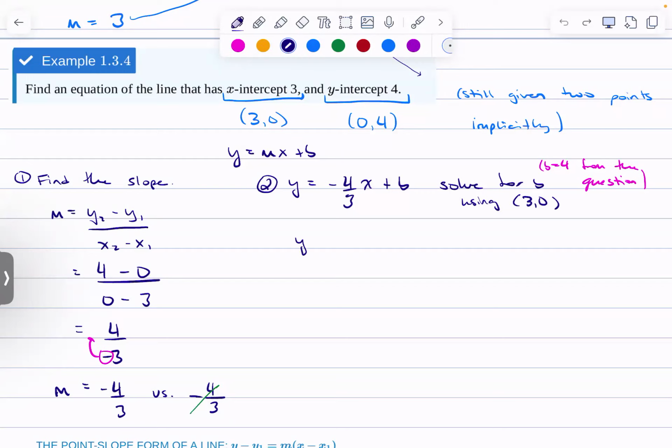y is 0. 0 equals negative 4 over 3 times 3 plus b. We're trying to solve for b. This is a fraction multiplied by a fraction. 3 I can rewrite as 3 over 1 if I want to. I'm not going to, but I could.